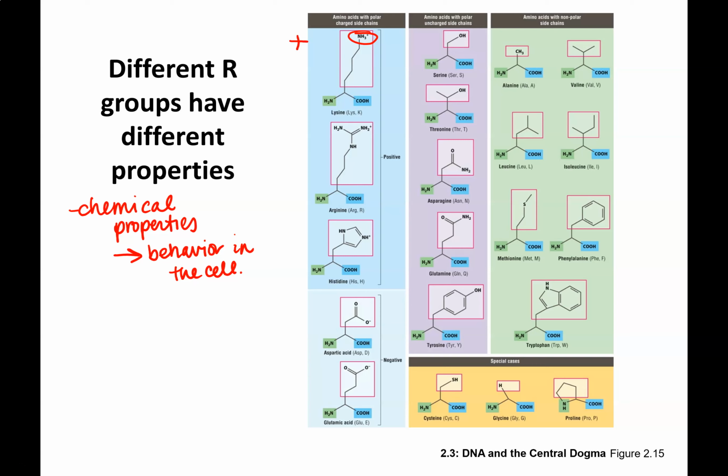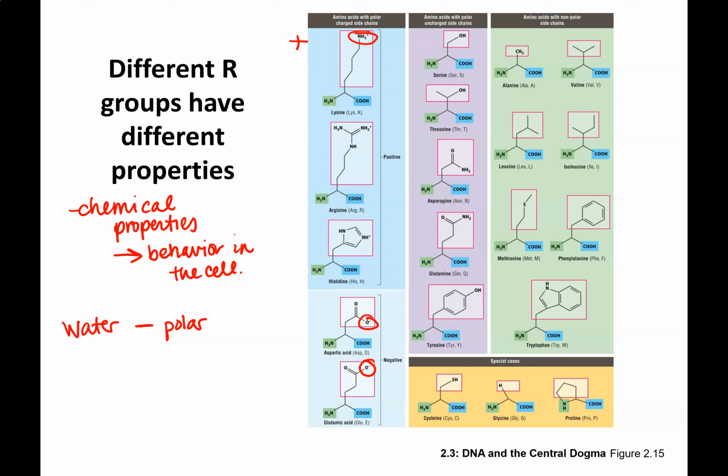We can also have negatively charged amino acids. So those obviously are going to interact differently with other molecules. Water is also negative and polar. And so water likes to interact with other things that are negative and polar.